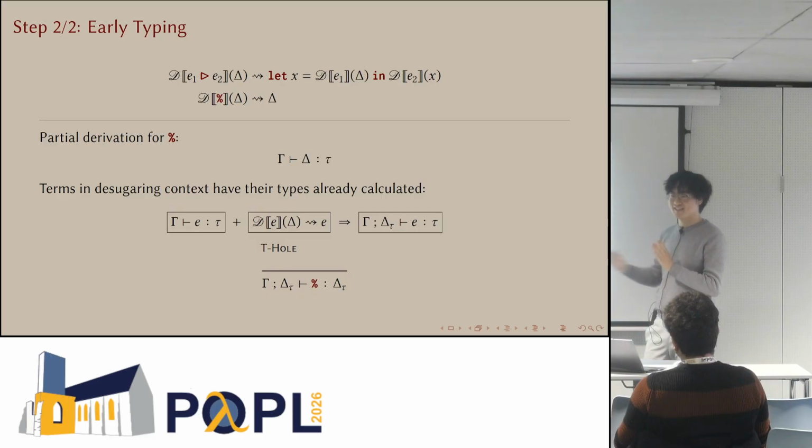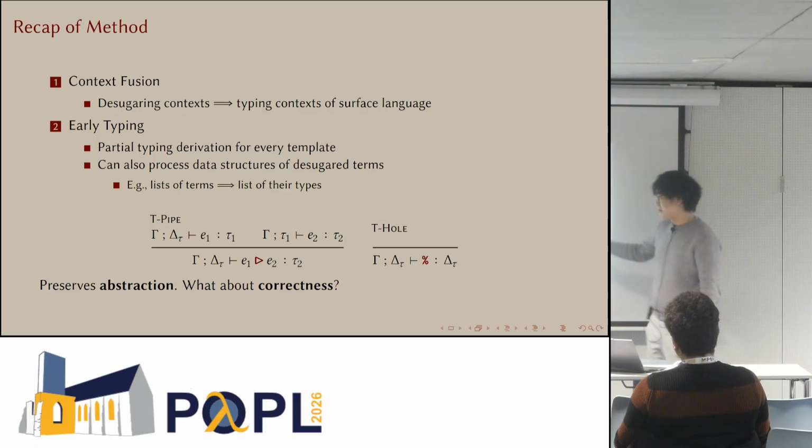It just reads delta tau from the context. This is what the nearest pipe passes down. So finally, our inferred rules for pipe and hole would look like this. This will be very much expected. Everywhere in the code, you get the type of the nearest thing piped down.